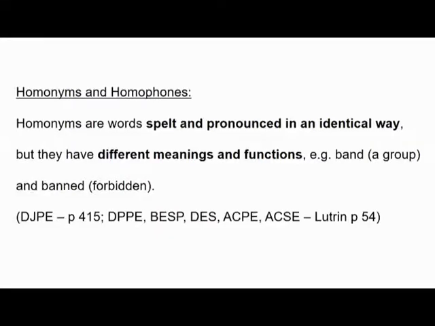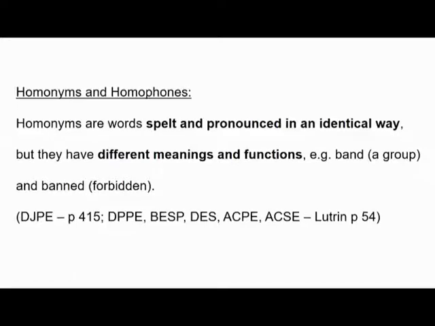Homonyms and homophones. Homonyms are words spelled and pronounced in an identical way, but they have different meanings and functions. For example, a band, like in B-A-N-D, could be a group of musicians, but banned, B-A-N-N-E-D, if I am banned, I am forbidden.